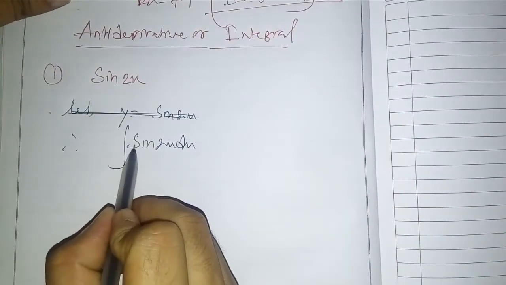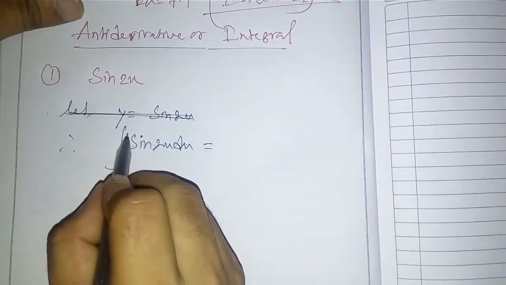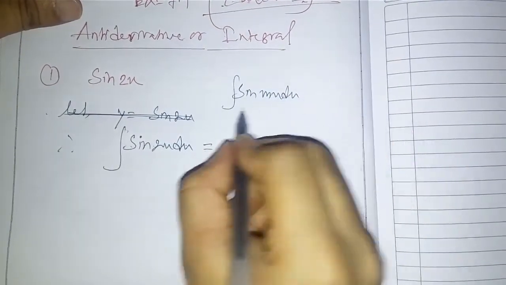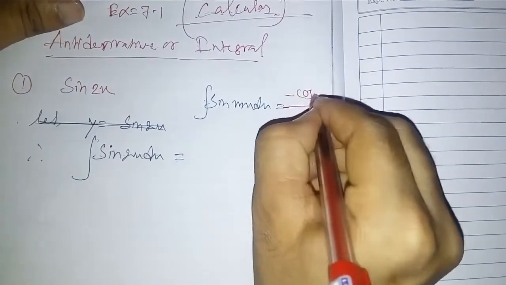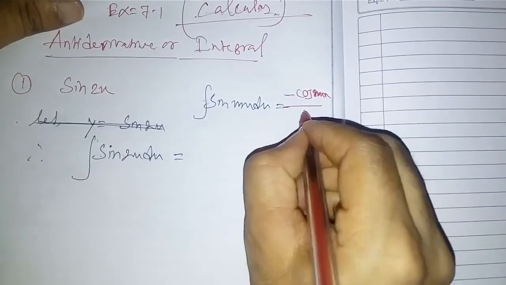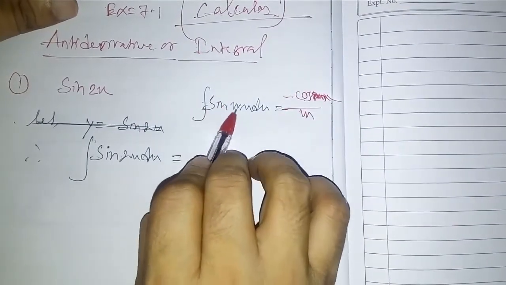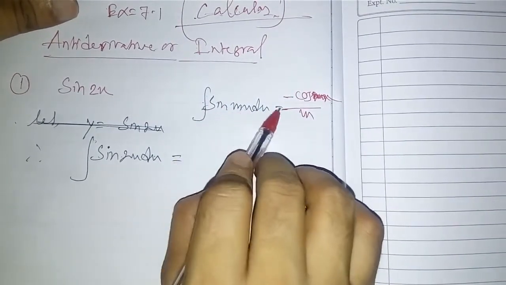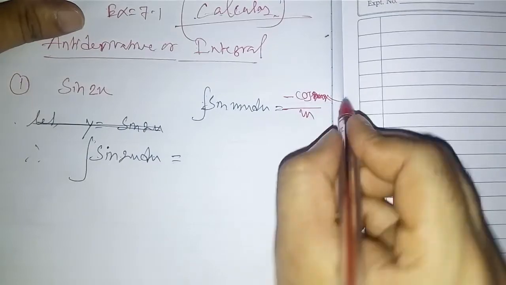There is a direct formula: integration of sine mx dx equals minus cos mx divided by m plus c.